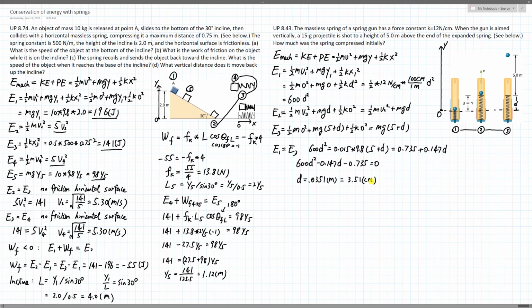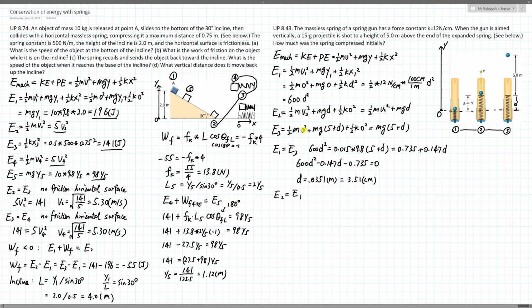Okay, so that was how much initially the spring was compressed, and you can also find out how fast the ball came out of the spring launcher, since you have this already. So we have E2 equals E1.